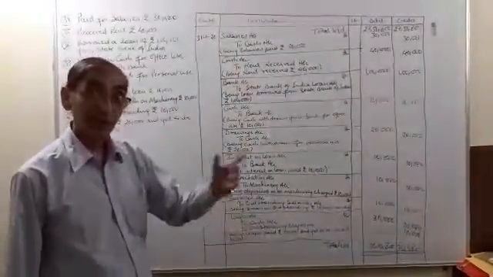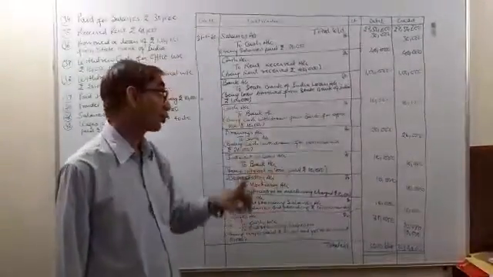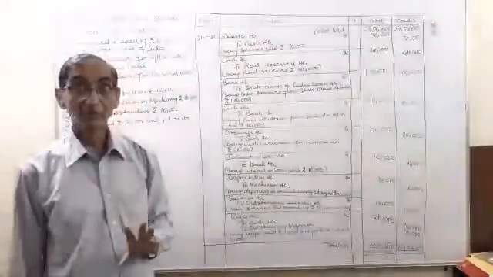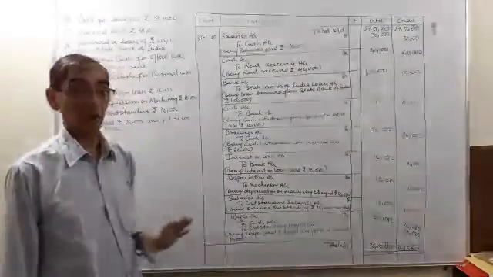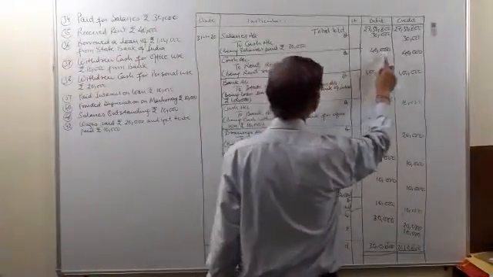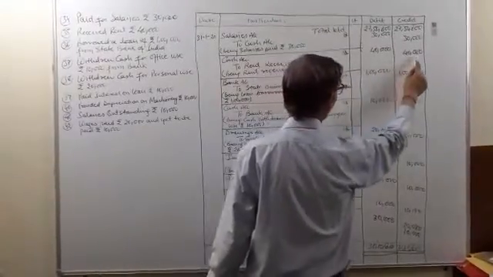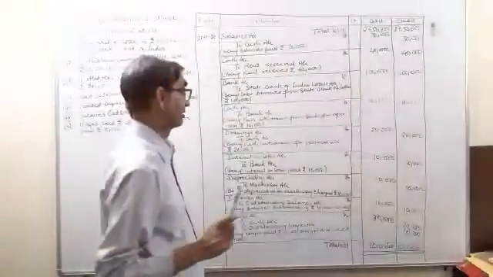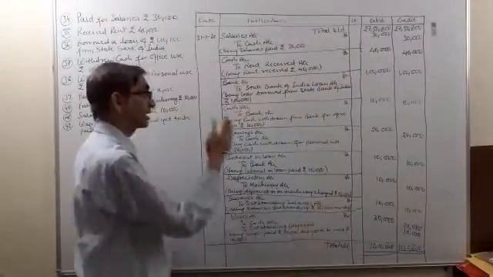Now rent we also pay and rent we also receive, but when we will pay the rent, over there we will just write rent account. We will not write rent paid account, we will write rent account. So cash has been received 40,000 and rent received on account of rent received 40,000, which is an income, and all the incomes are to be credited. So being rent received rupees 40,000 will be the narration.